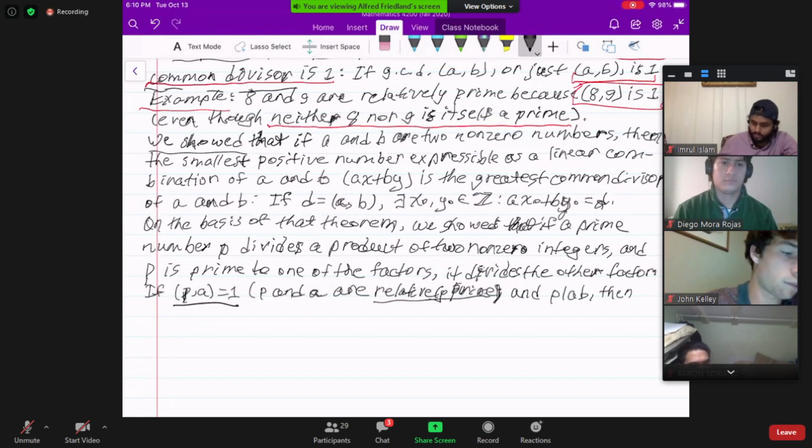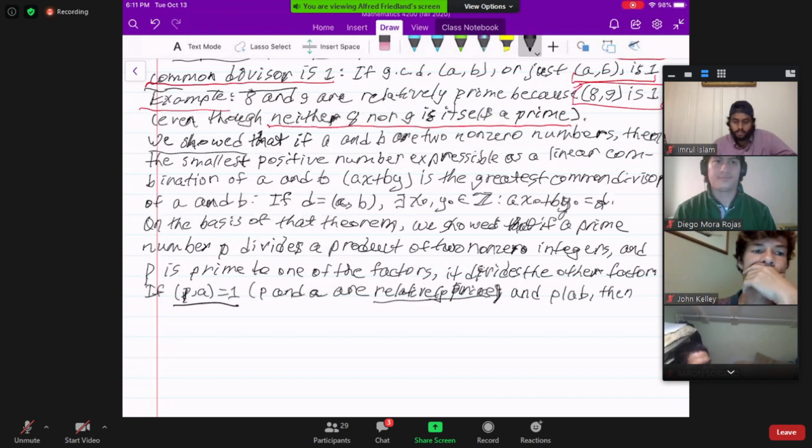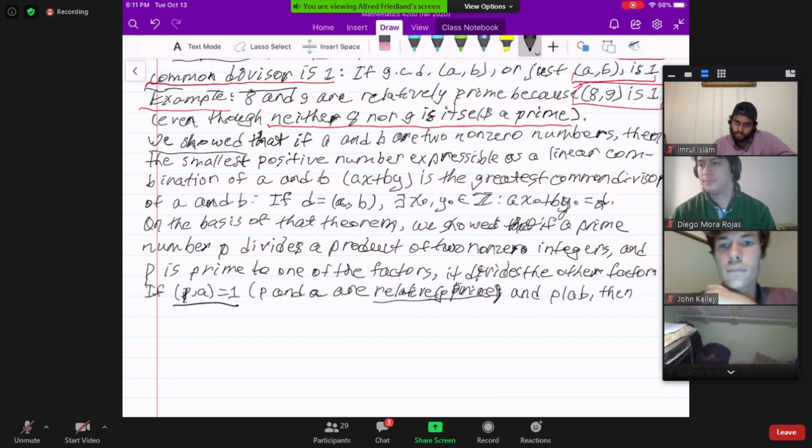And what the last theorem we had Thursday said, and we're going to prove another theorem momentarily, which uses the same kind of tactic. We proved, and it's not a difficult proof, you should be able to prove that, if the greatest common divisor is 1, then from this preceding theorem, 1 is expressible as a linear combination of A and P. So that means there's an X and Y such that AX plus PY equals 1.